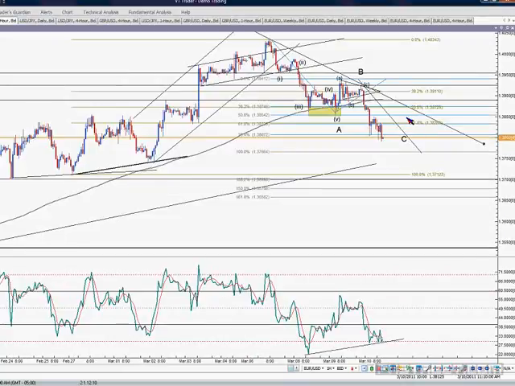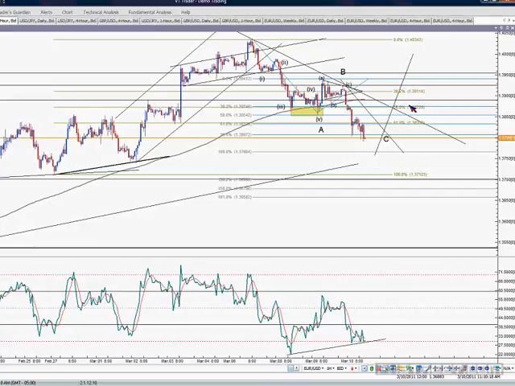Now, I'm going to get rid of this parabolic bit because it's just getting a little messy here. We would use this to help us confirm a breakout back into the bullish scenario. All right, so that's what I'm looking forward to in the coming week, a bullish outlook for the euro dollar.